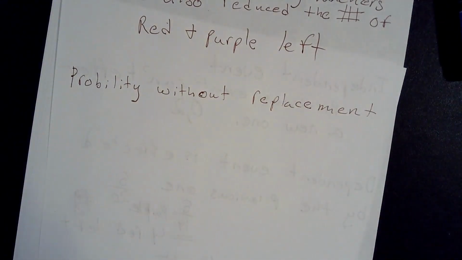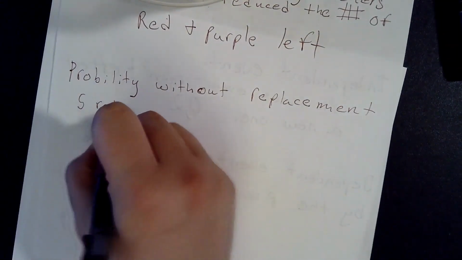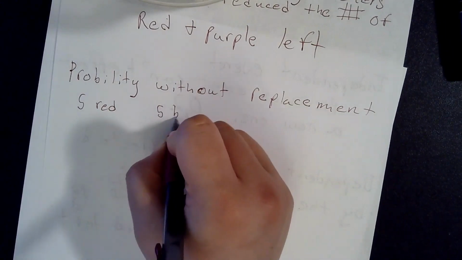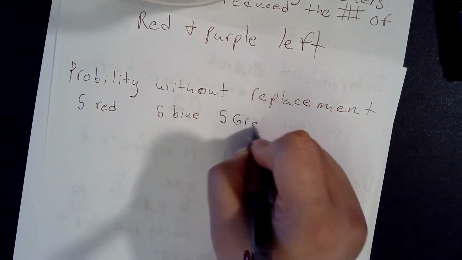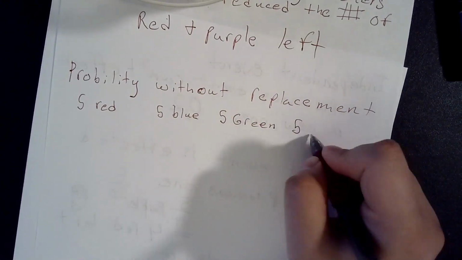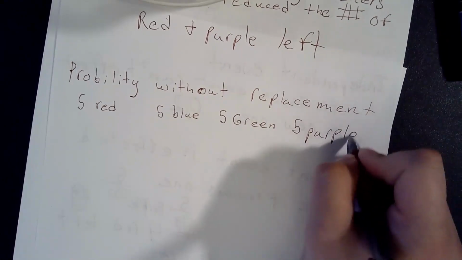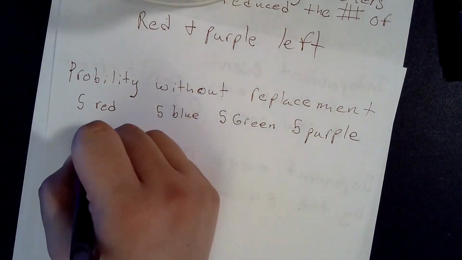Remember, I have 20 Jolly Ranchers, right? So I have 5 red, 5 blue, 5 green, and 5 purple. Okay? Now, that gives us a total of 20, right?